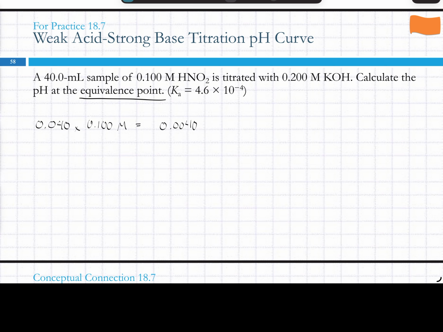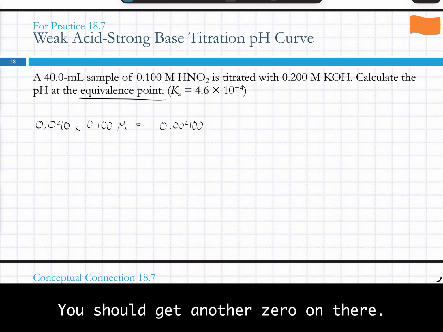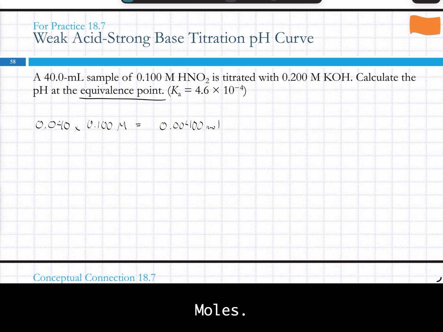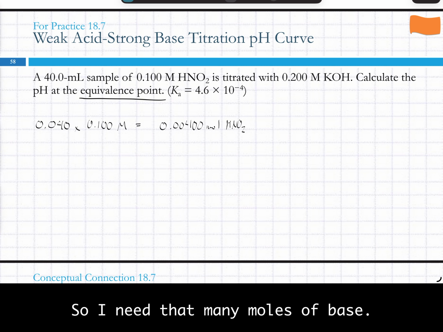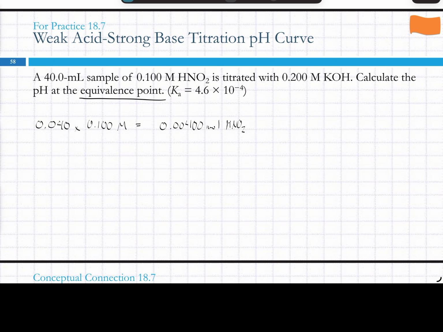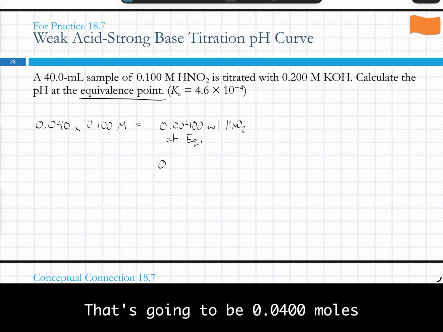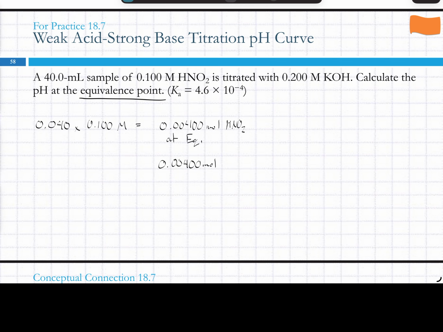0.0040. I think there should be another 0 on there. Moles HNO2. So base is equal to the acid, so I need that many moles of base. So at the equivalence point, that's going to be 0.00400 moles of strong base, KOH.